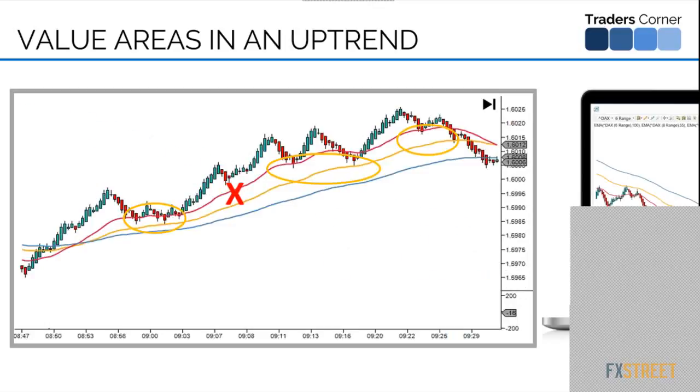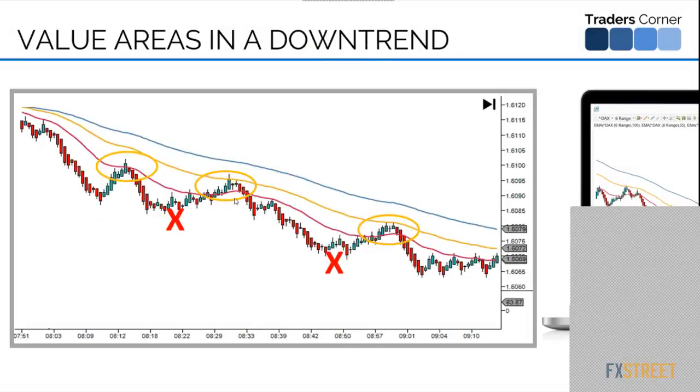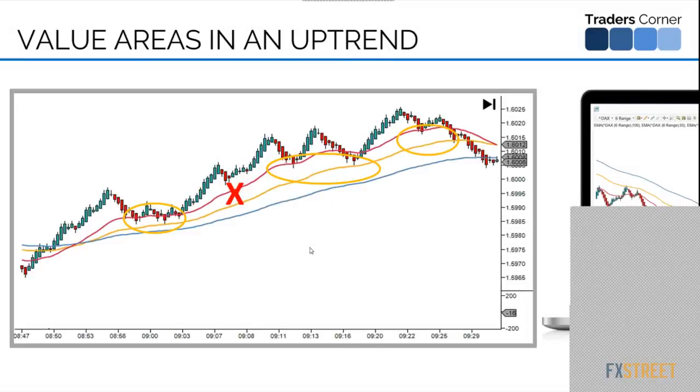Again, value areas in an uptrend. Once the moving averages signal that we're moving up, we're looking to get in when the market moves back to within the moving average. Notice here there's a big red cross, and there was on here as well. The red crosses indicate where new traders or rookie or struggling traders would look to get involved in a trade.